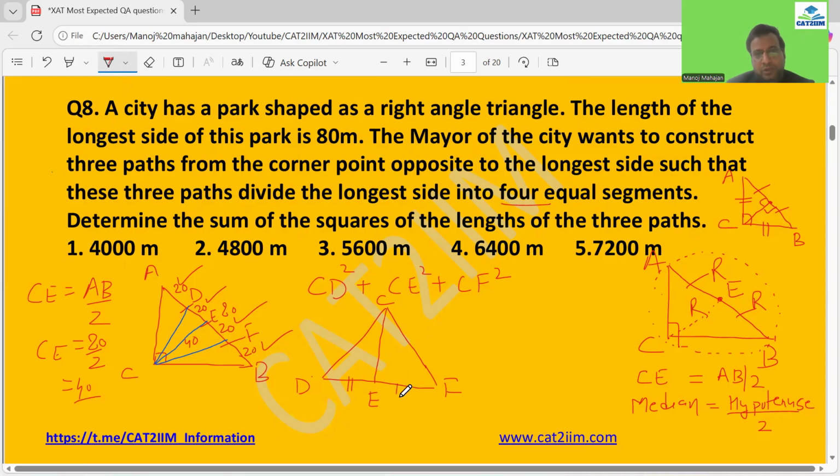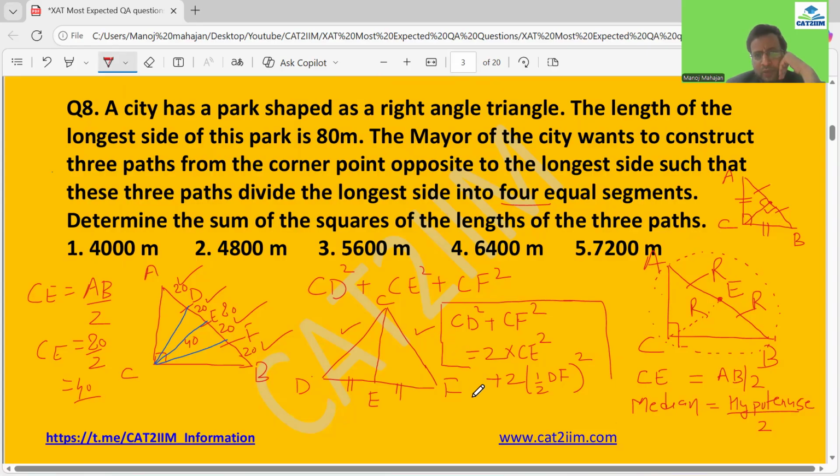So this is equal to this. As per the Apollonius theorem, what we get is CD square plus CF square is twice the median square, that is your CE out here, plus twice half the third side square. So this is your Apollonius theorem. Maybe this could be handy somewhere else.